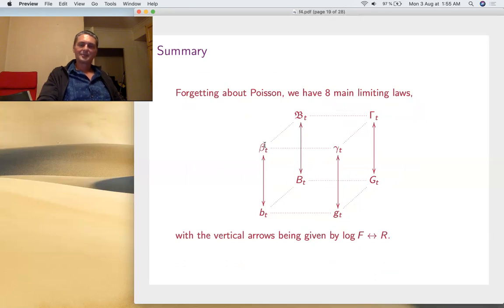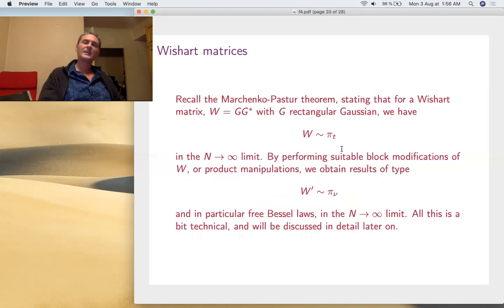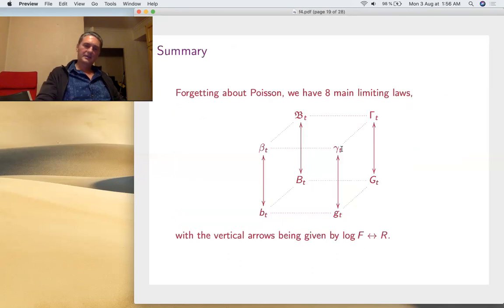So you get a cube now. This is very interesting. You have the continuous face, discrete face, classical face, free face, real face here, complex face below. And the vertical arrows are given by the coefficients of the Fourier and R transforms.